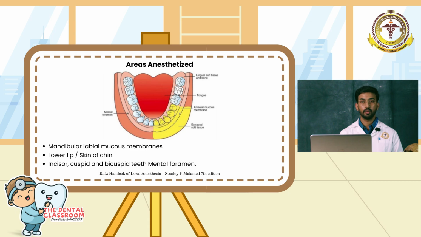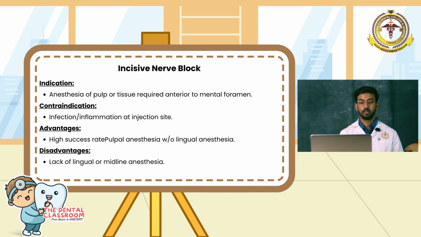Nerves anesthetized are the incisive branch and the mental nerve branch. Areas anesthetized include the mandibular labial mucous membrane and buccal soft tissue, the skin over the chin and part of the lower lip, and the pulpal tissues of the incisors, canine and bicuspids. Indication includes anesthesia requirement in the pulp or tissue anterior to the mental foramen.